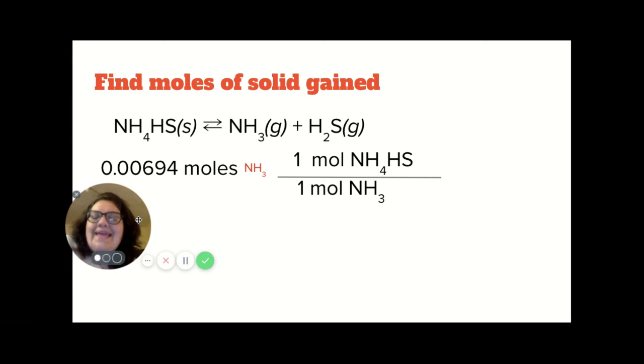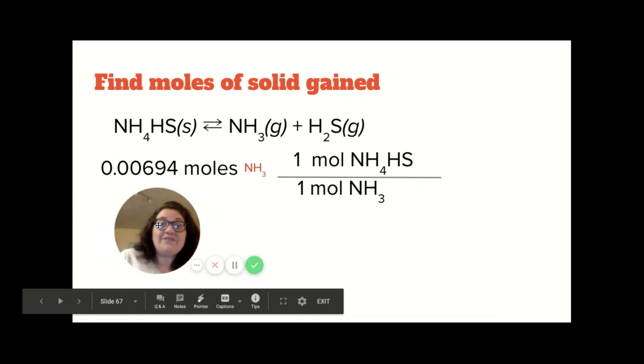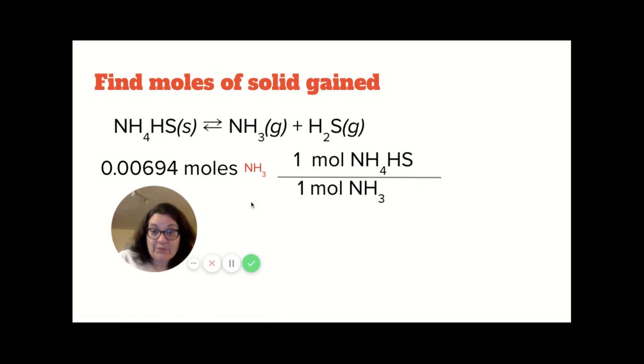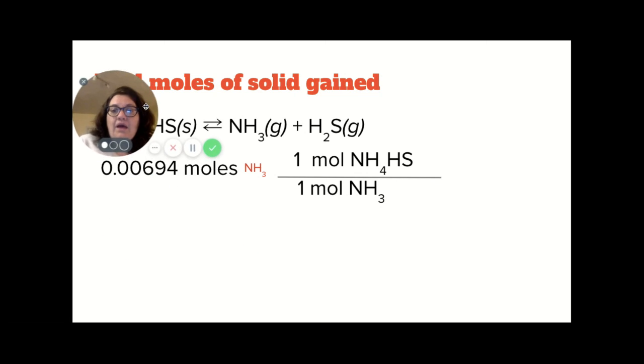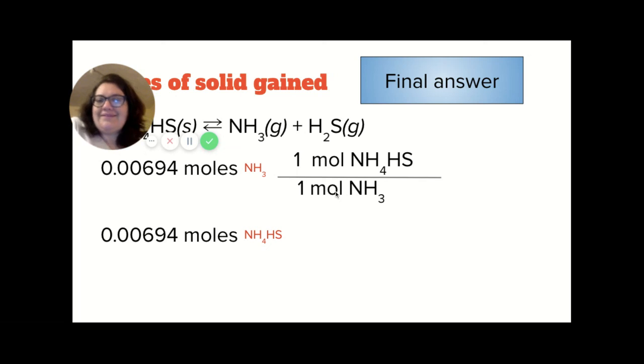It is a 1-to-1 ratio. Therefore, how many moles of the solid are produced, which is the question that I'm being asked. Exactly 0.0694 moles of NH4HS are produced. And yes, that is the final answer. So that took a while.